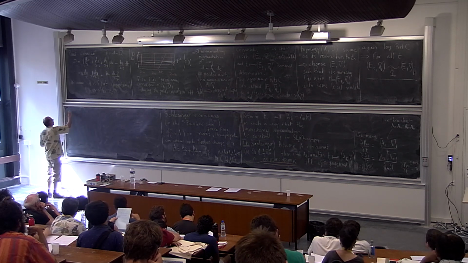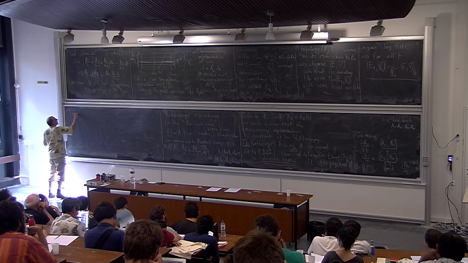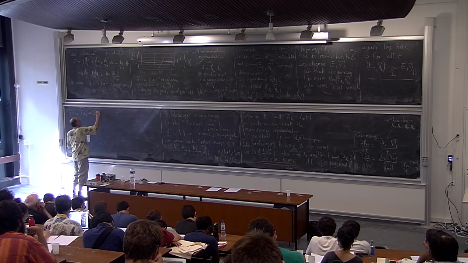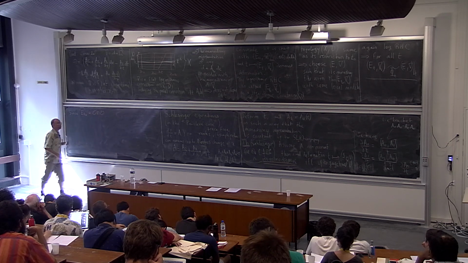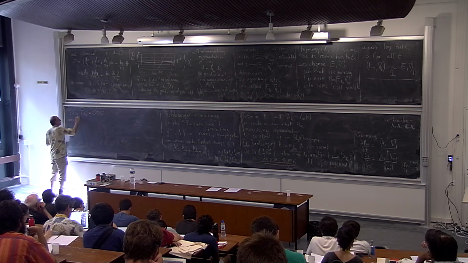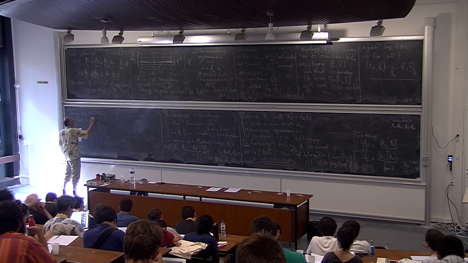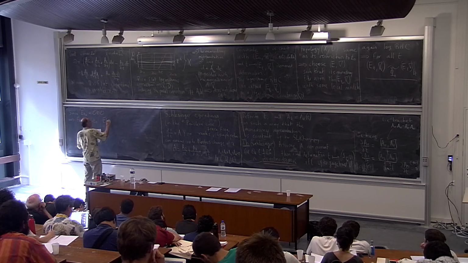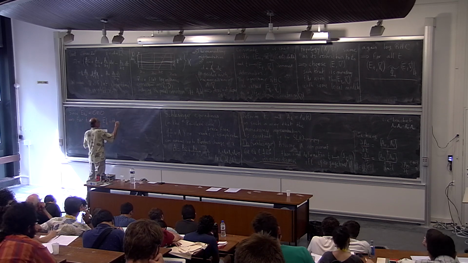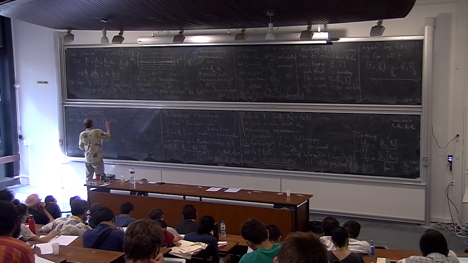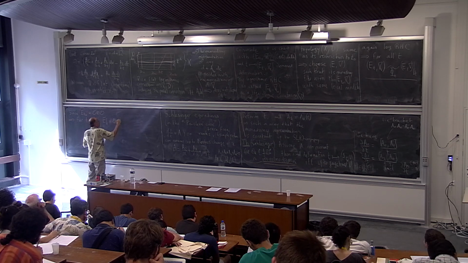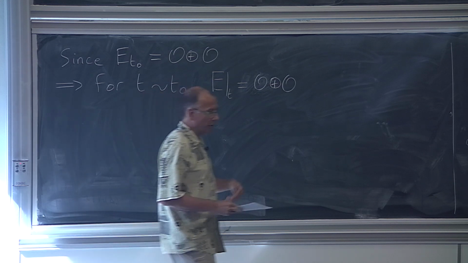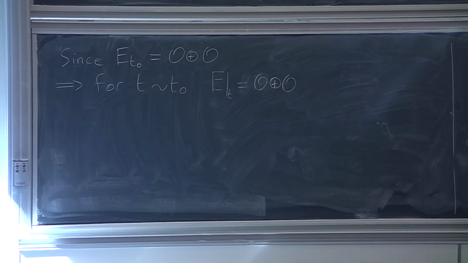Okay, so since E_T0 is a trivial bundle, then for T close to T0, E restricted to T is also the trivial bundle. You have some stability property coming from a parameter version of Birkhoff's theorem.